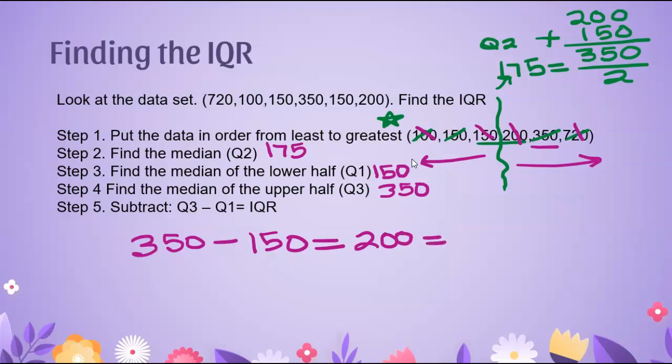So that equals our interquartile range. And again, that's the length of the box. That's where most of your data is going to occur, right here. Most of your data points are going to occur in this middle part of the box and whisker plot.